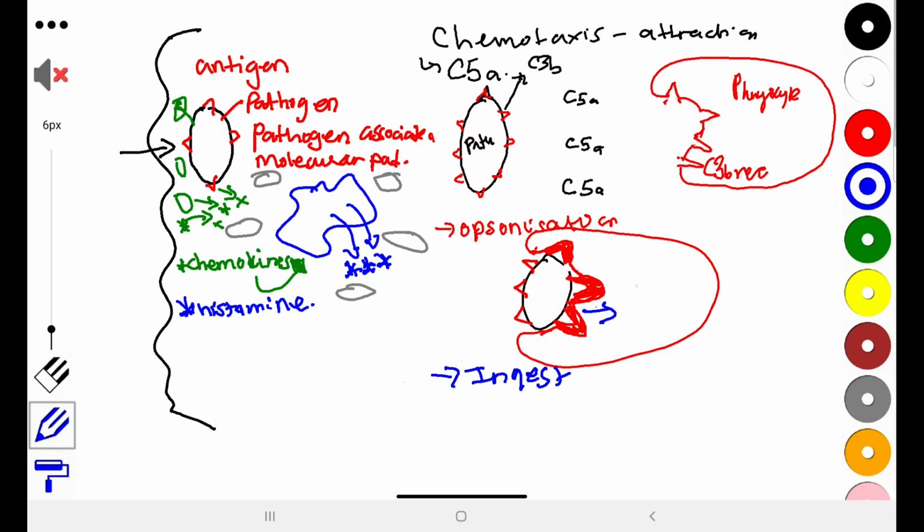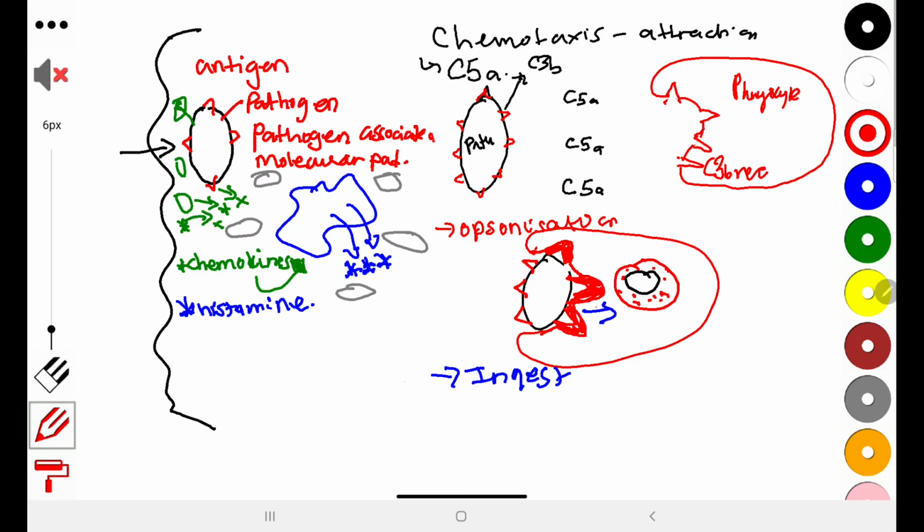Inside there, it goes into the phagosome, and in the phagosome we are going to find lytic material. So it's going to be lysed. It's going to be broken down.